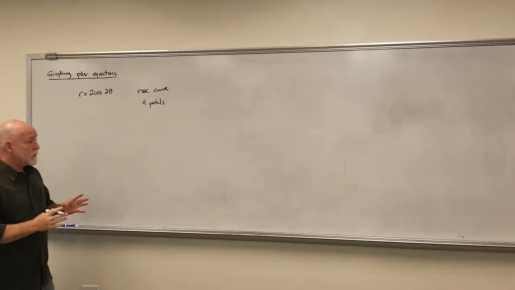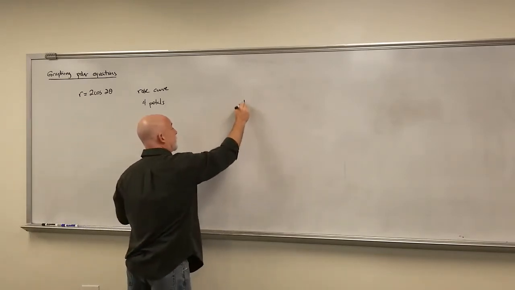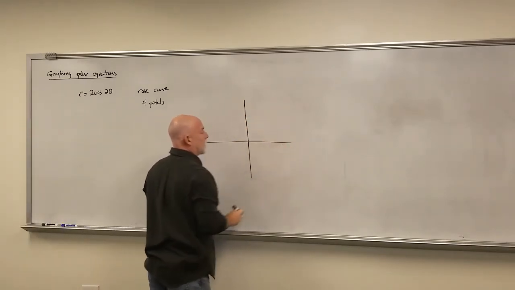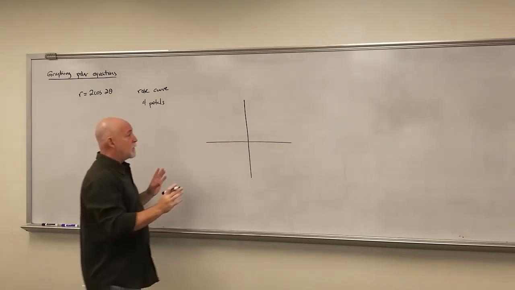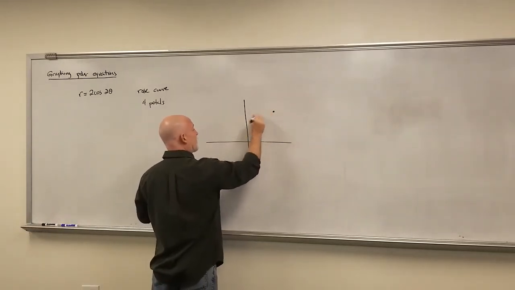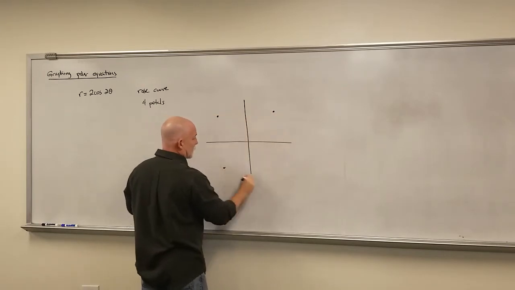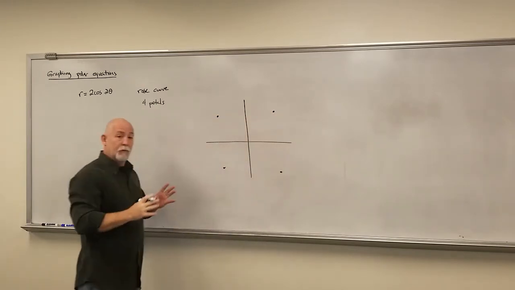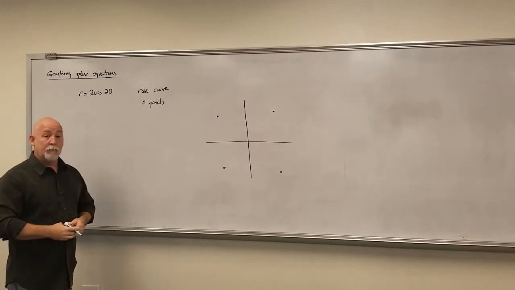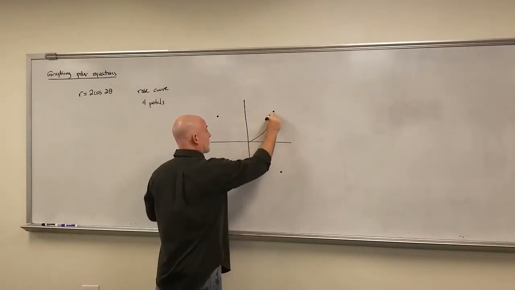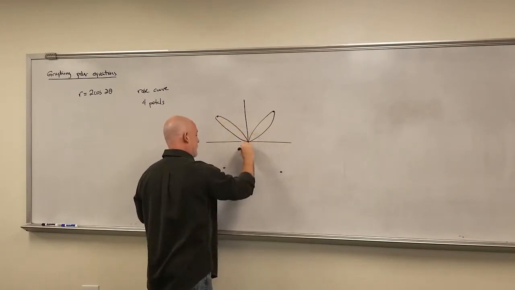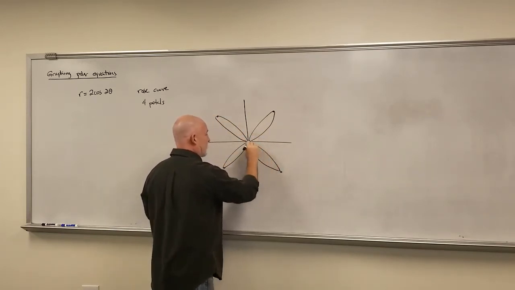Now, here's the idea. If I'm trying to draw some type of rose or clover type pattern, notice this. If I knew where the tips of all the petals were, and I knew that there was 4 of them, let's say that I know that those are the tips of 4 petals, can I draw the picture? Yeah, that's all we need to know, because we know we're going to have a petal there, petal there, petal there, and a petal there.